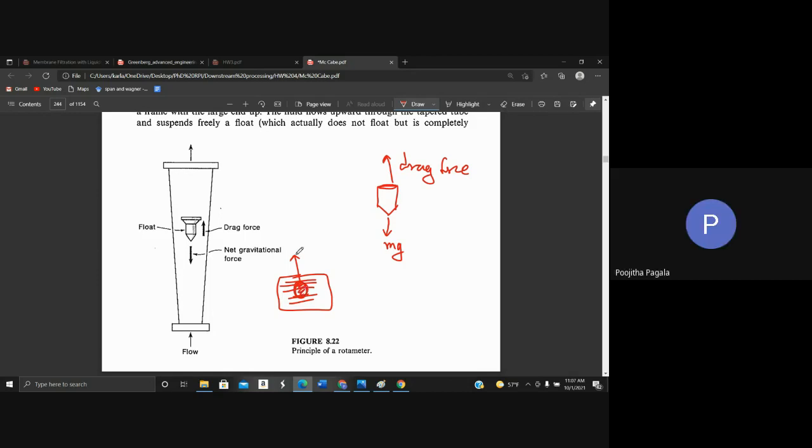Buoyancy. Right, buoyancy force ఉంటుంది. So you also have a buoyancy force. సో వీళ్ళు ఇచ్చిన పిక్చర్లో చూస్తే వాళ్ళు net gravitational force అని రాశారు. Net gravitational force అంటే ఈ mg లోంచి తీసేస్తారు. ఈ subtract చేసినప్పుడు you will get net gravitational force.